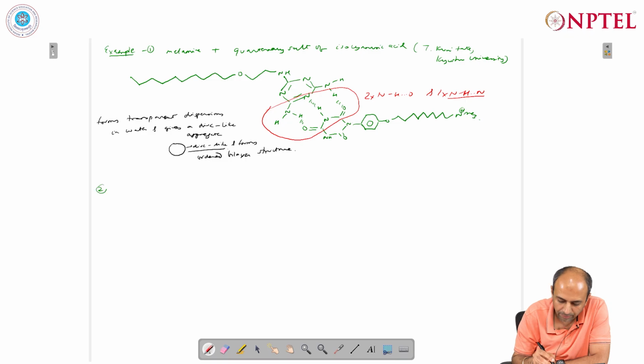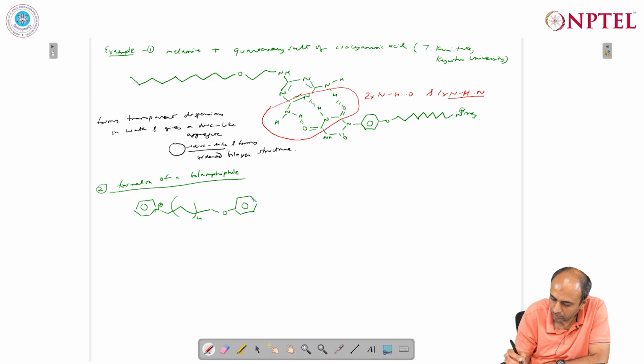Now, let us go to the next example. In the next example, we will now look at the formation of a Bola amphiphile. So, we are starting here with... plus in the vicinity of this aldehyde group, we now bring in an amine group.